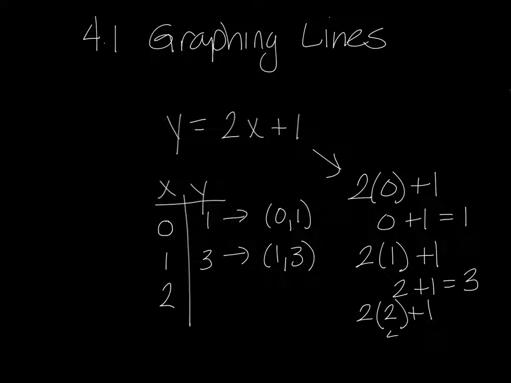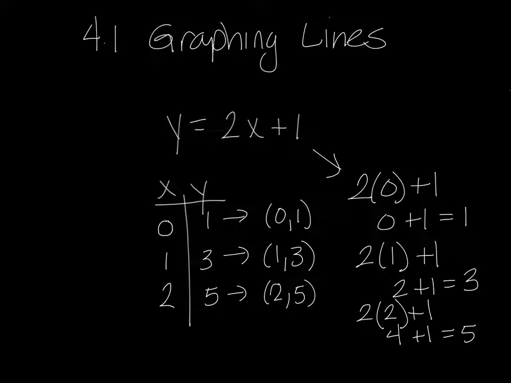So 2 times 2 is 4, and then we add 1. 4 plus 1 is 5. So we get 5 for the y value, so that means I'm going to graph the point (2, 5). Okay, so that's always your first step, is to make a table. 3 points, usually 0, 1, and 2, unless the number in front of x is a fraction. Then you want to pick better numbers that can be divided by that.